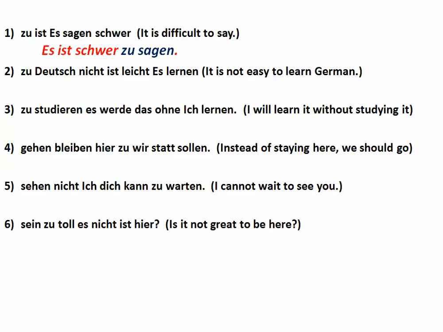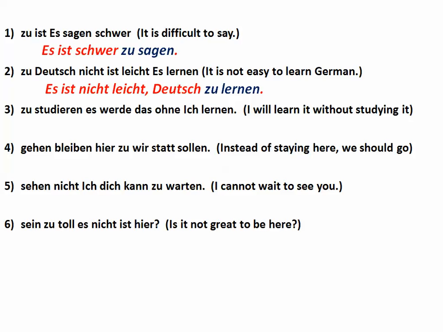Or if I want to say it is not easy to learn German, es ist nicht leicht, Deutsch zu lernen. In general, if you have another word with your infinitive phrase, then it can be set off by a comma. Whereas in number 1, there's no additional information with the infinitive phrase, so therefore no comma. However, in the second one we have the word Deutsch, so this could be set off with a comma.